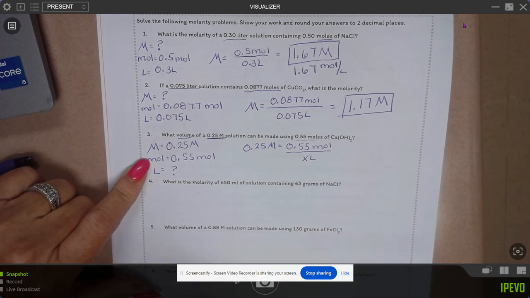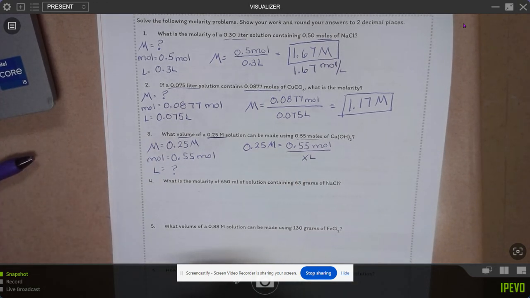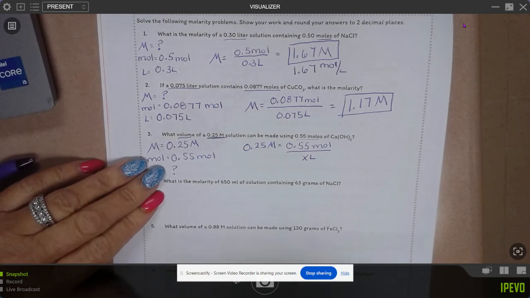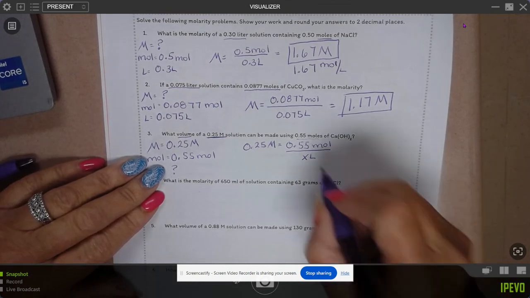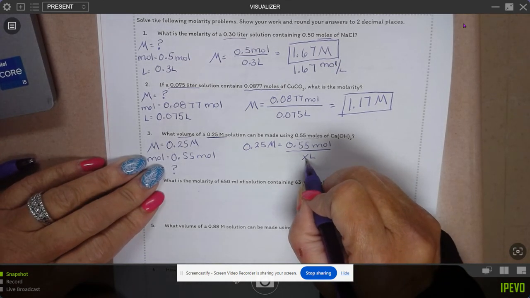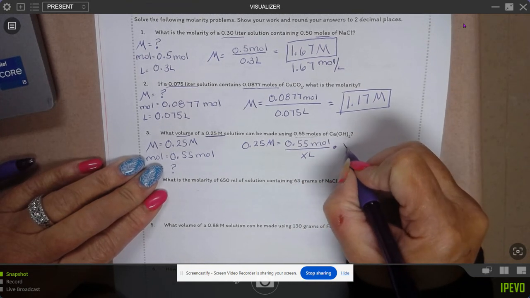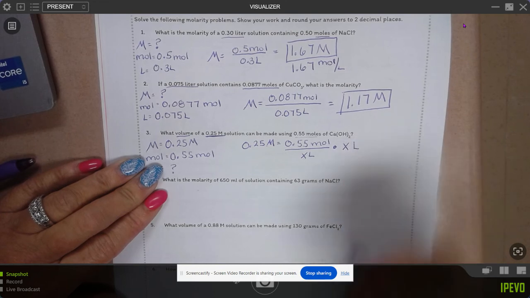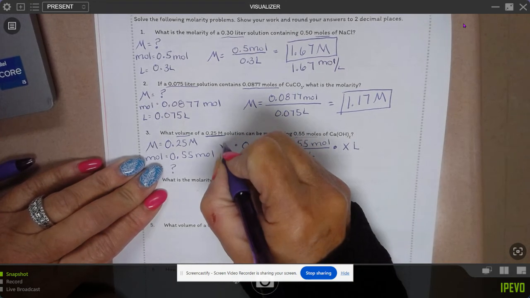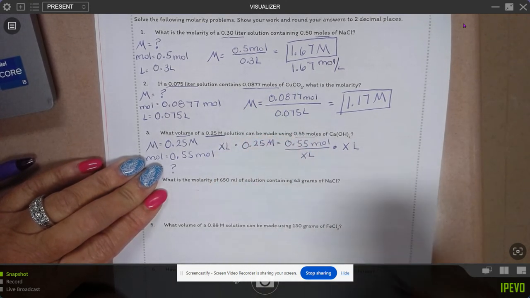Okay, now the algebra on this one just always seems to get people. So I'm going to go through this algebraically and show you what you should do. If I want to get the X by itself, the first thing I'm going to do is multiply both sides by X liters.